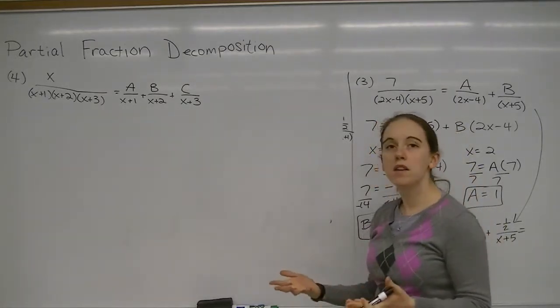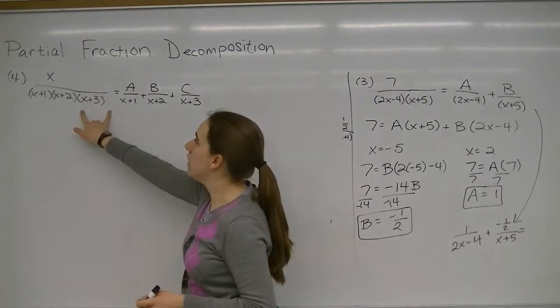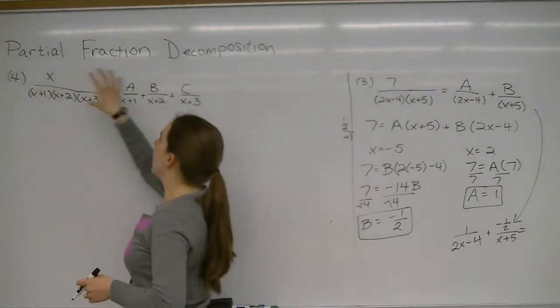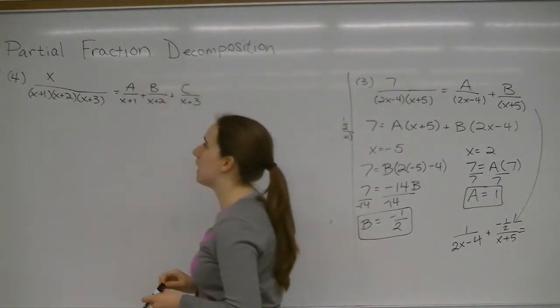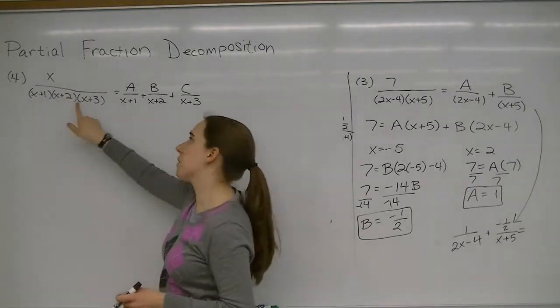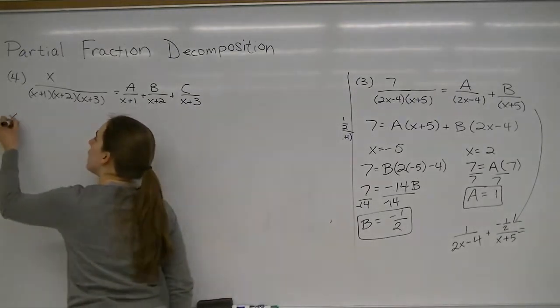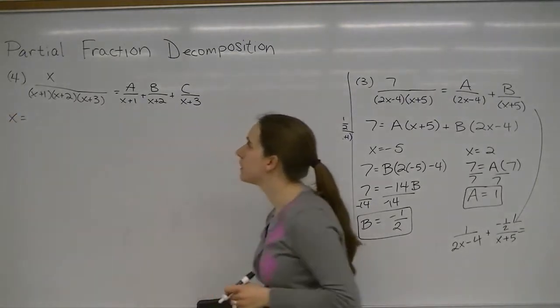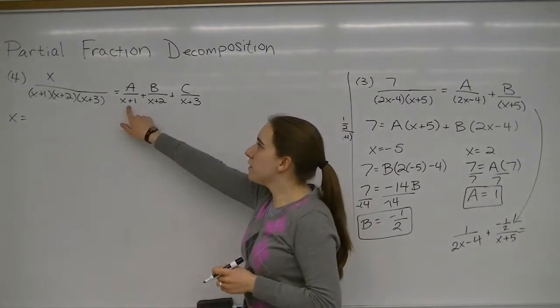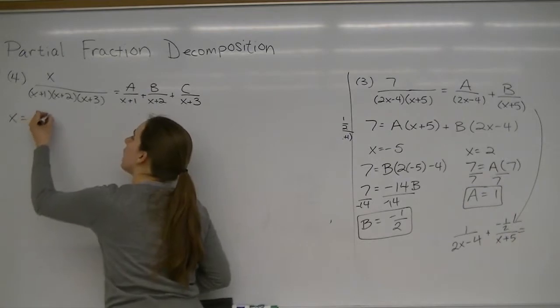So let's find the polynomial again. I don't want to deal with these fractions, so I multiply by this denominator here, here, here, and here. So when I multiply this fraction by x plus 1 times x plus 2 times x plus 3, it's going to cancel with the denominator. All that I have left is just an x. This first fraction, the x plus 1's will cancel, but I'm left with the other 2 pieces.